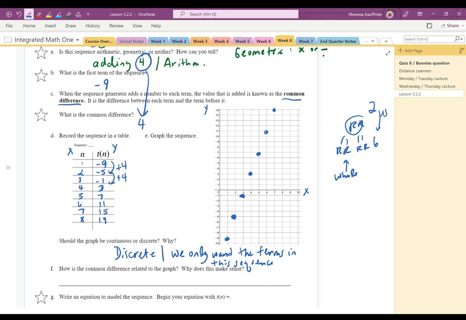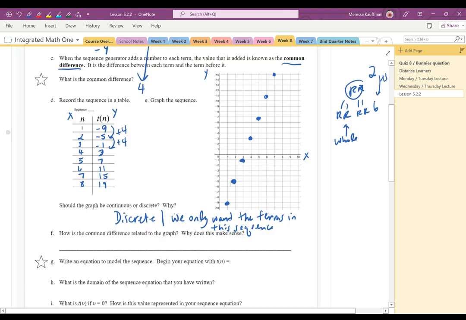We could be multiplying by a fraction, but if we're talking about the sequence itself, we are talking about what is our common difference and how do we get to that next number. We do not care about those numbers in between. So you would not connect the dots. Don't connect those dots, and you keep it discrete. I will check that when I stamp you. Do not connect your dots. It's a discrete graph. Okay.